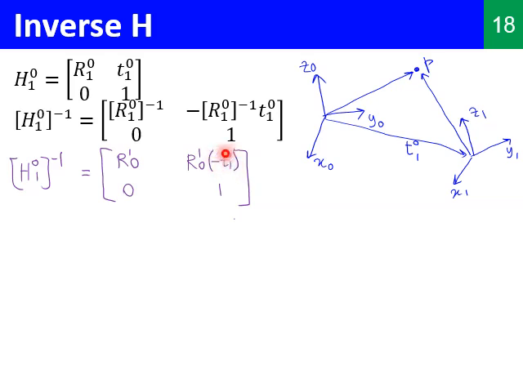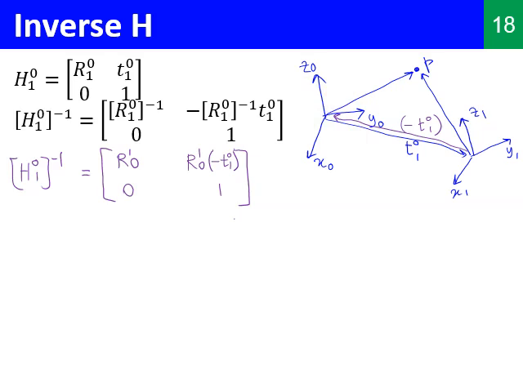It's going to be a vector with the same magnitude but in the opposite direction. So I can call this vector minus T01. It's important to note that this minus T0 vector is still expressed in the 0th frame.